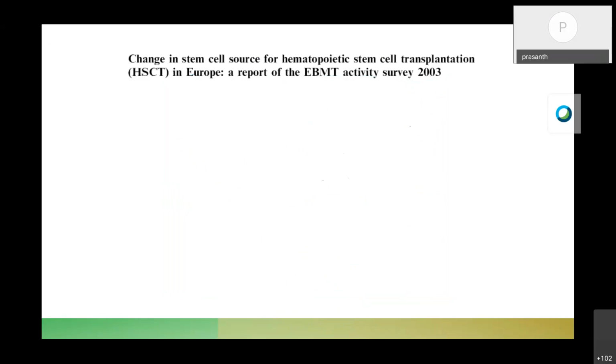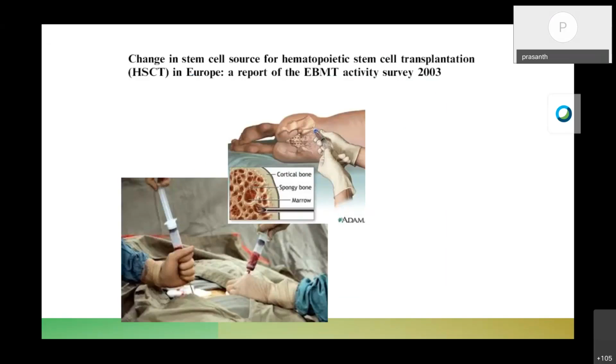Again, there is an important thing to understand. When we talk about hematopoietic stem cell transplantation, the commonly used term is bone marrow transplantation, because the source of these stem cells is usually the bone marrow.